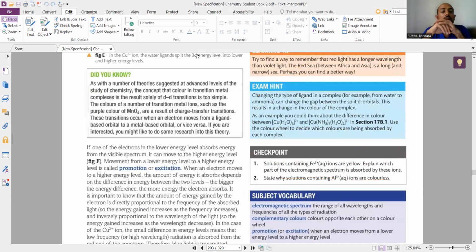So the process that is known as dd transition, the formation of color, is somewhat similar to what happens in the flame test. But it's not the same, remember. That is emission spectra. This is absorption spectra, right?